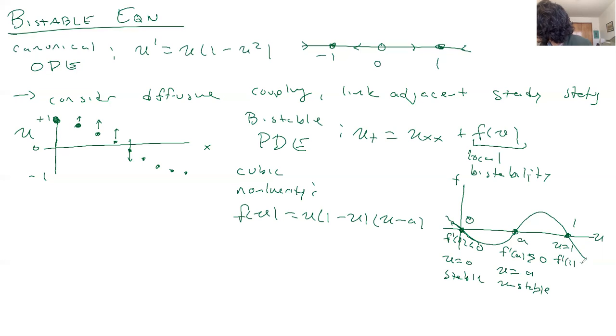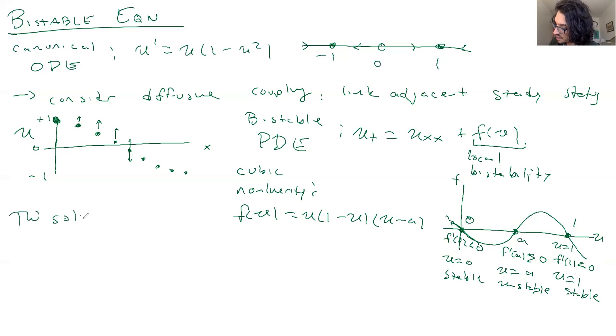F prime of 1 is less than 0, so U equals 1 is stable, okay? So just like before, we have 2 stable fixed points, but we can play a bit with this parameter A in order to sort of change the strength of attraction of those fixed points, okay?